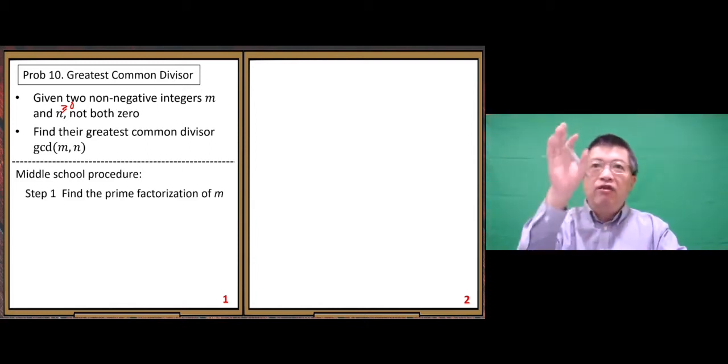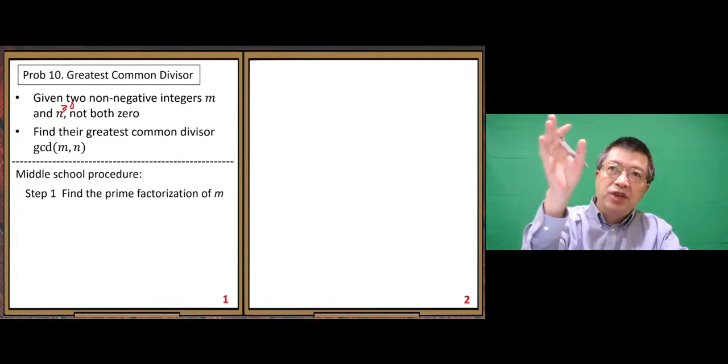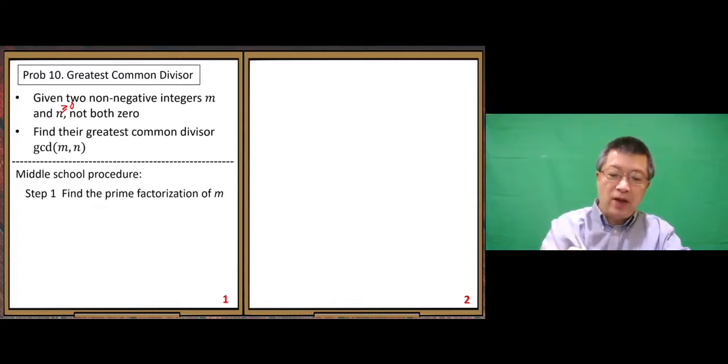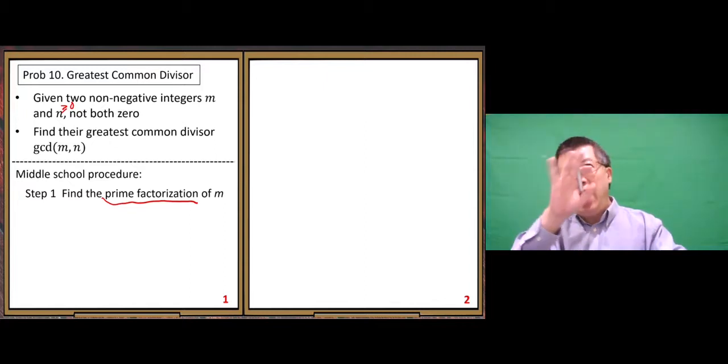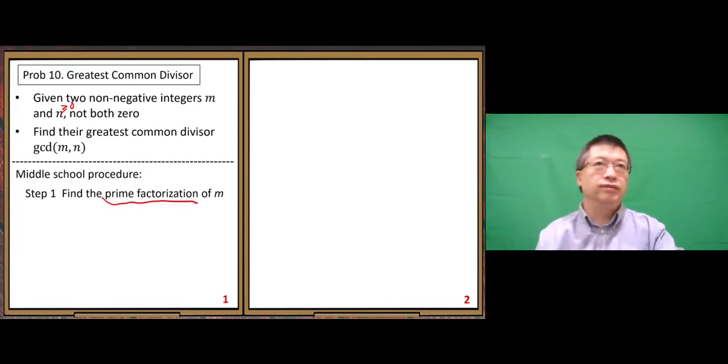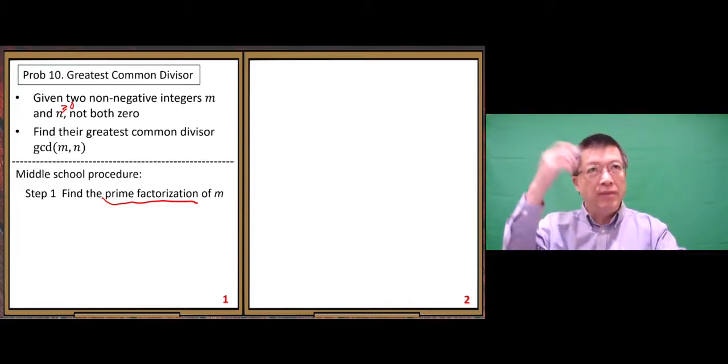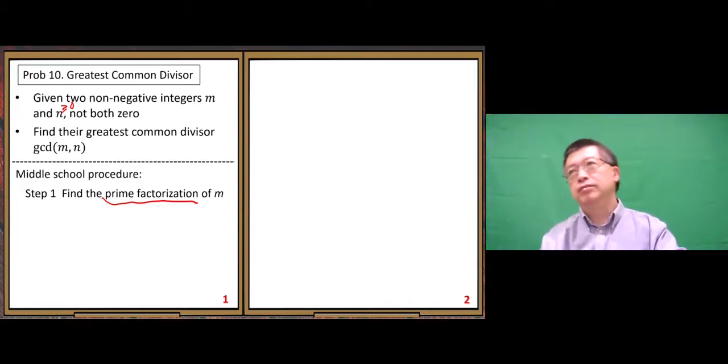Step 1, find the prime factorization of m. I hope you know the meaning of prime factorization: write it as a product of a set of primes. One prime can be repeated multiple times, so use a power of the prime to represent it.